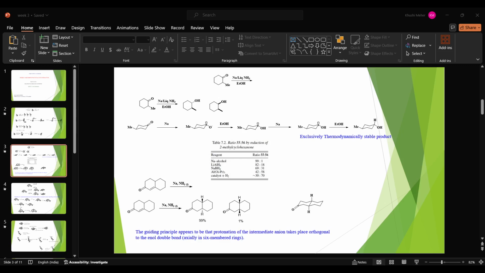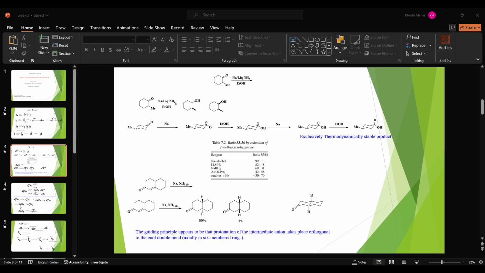Then we'll get the radical anion, and from the radical anion, the radical is there, and again the sodium metal will donate another electron, and we will get the carbanion. This is a lone pair, but we have an orbital, that's why we call it a carbanion.